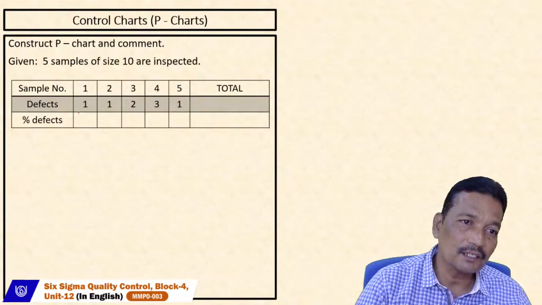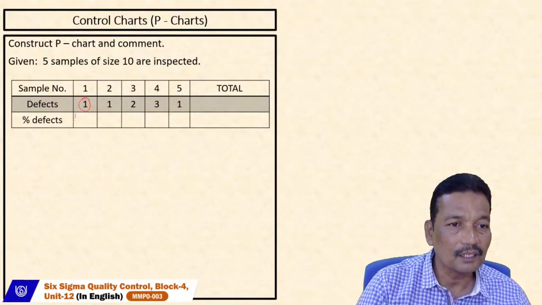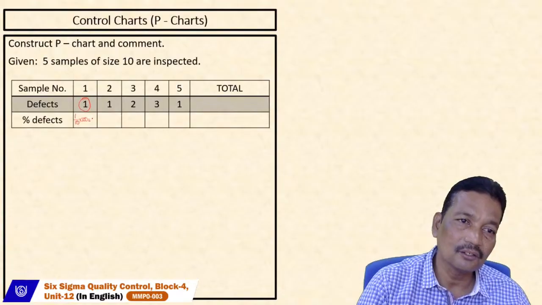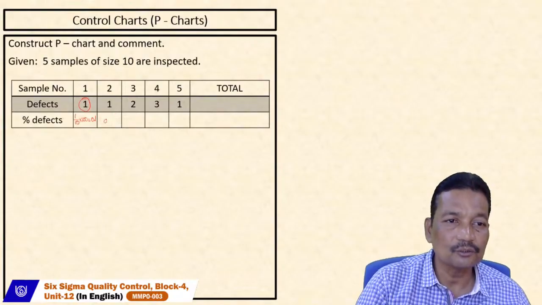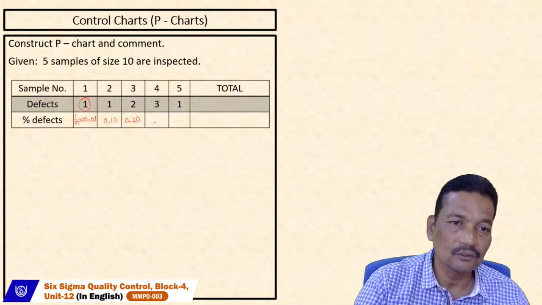So the first sample, one item is defective out of 10. So 1 divided by 10 into 100, that is equal to 10% or 0.1. Second one is also 0.10. Third one is 0.20.